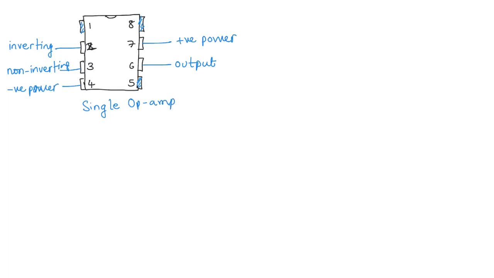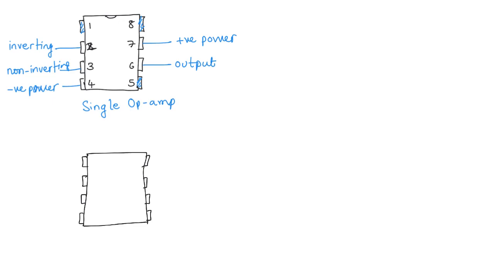Sometimes, just to save space and give you more functionality, what manufacturers do is they take the same package, which is again an 8-pin package, and they put two op amps in it. And you can do that because if you make the same power supply go to both the op amps while having different inputs and different outputs, the total number of pins is 8.